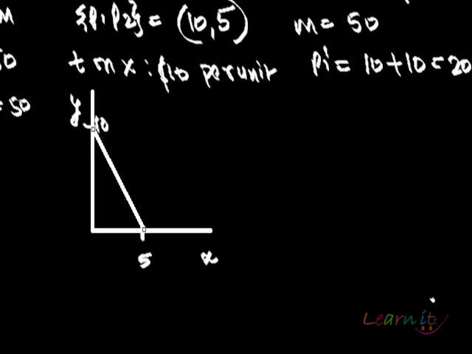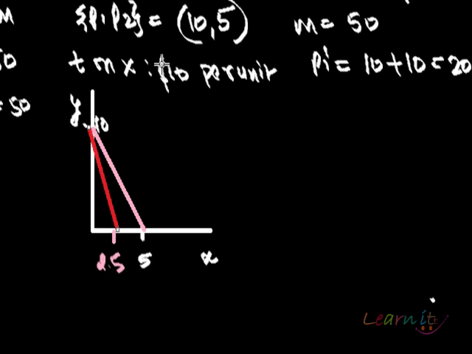That was the earlier condition. Now when y is 0, x is 2.5, and when x is 0, y is still 10. So the new budget line would look like this.